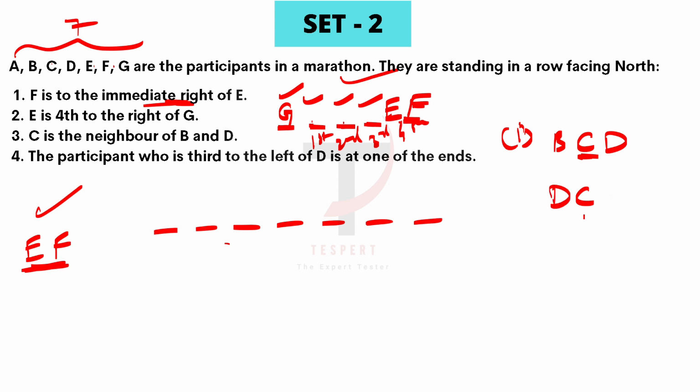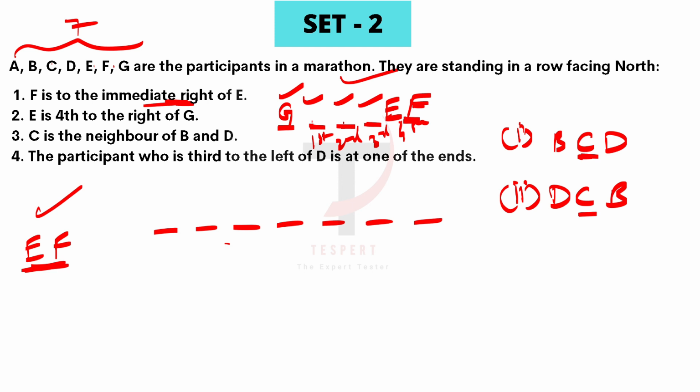Because in both the cases, C is the only one which is the neighbor of both D and B. Alright. So anything is possible. We have to assume both the cases, and we shall fit whichever case helps us to solve the set easily.